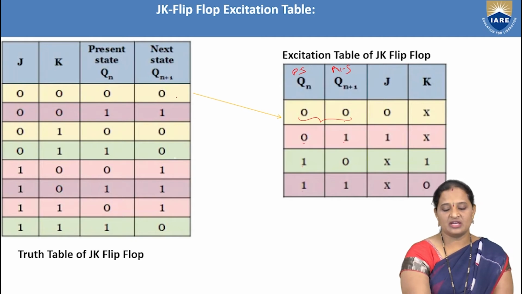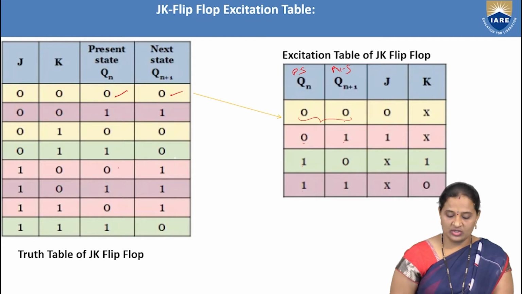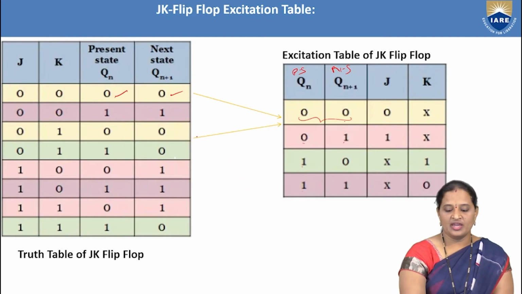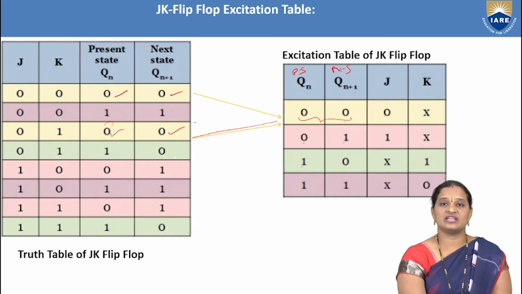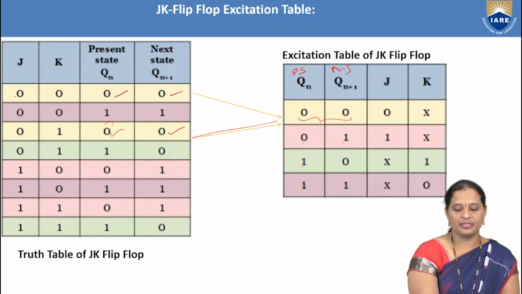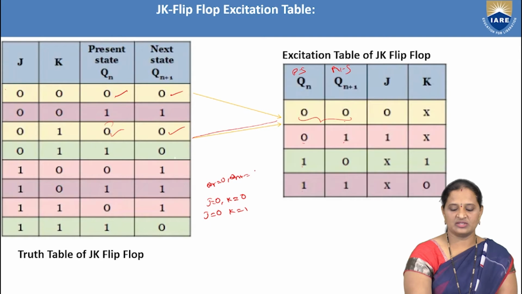If you observe, this is the combination for which the present state is 0 and the next state is also 0. And we also have one more combination. Here, this is the combination for which again the present state is 0 and next state is 0. Now if you observe the inputs here, J is equal to 0 and K is equal to 0. Next, one more, J is equal to 0, K is equal to 1. This is for Qn 0 and Qn plus 1 equal to 0.